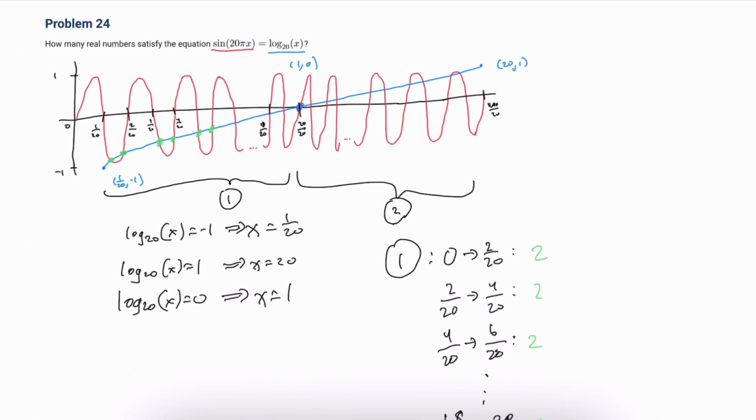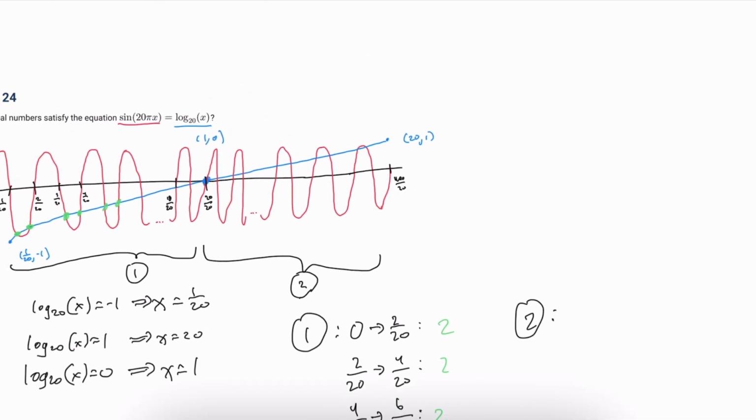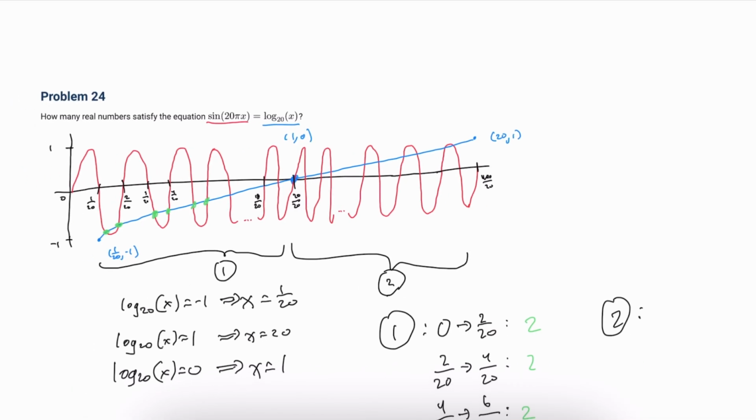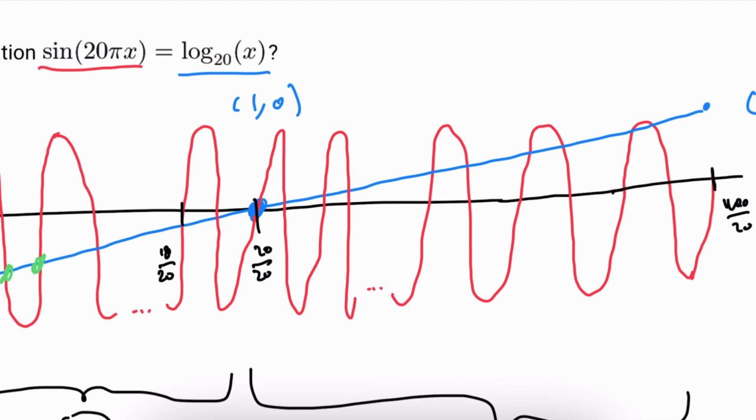Now we can look at our second region and try to do the same. In the second region, our first period will look at this part of the graph, and we see that there are two intersection points. One exactly at one, and one there.